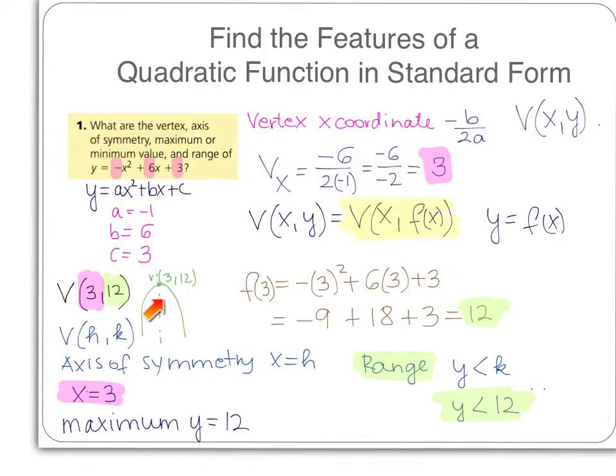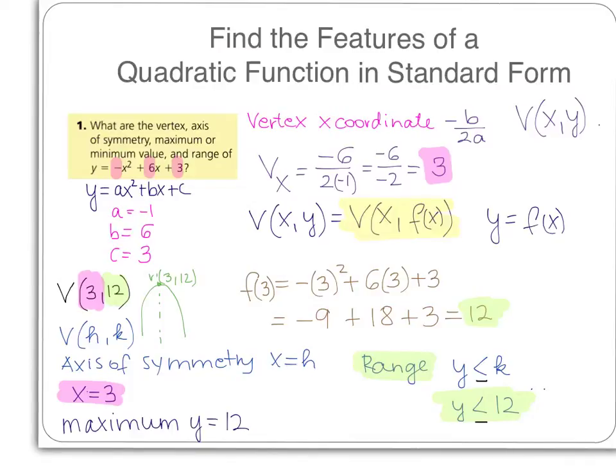Remember, that's a vertical line. And the range, obviously, the parabola does not exist above the highest point. So the range will be y is less than or equal to k, which means y is less than or equal to 12 in our parabola.